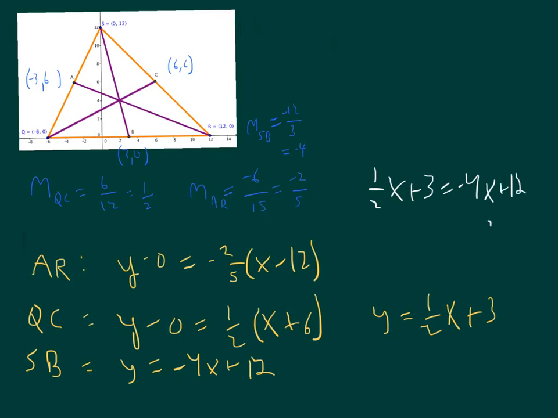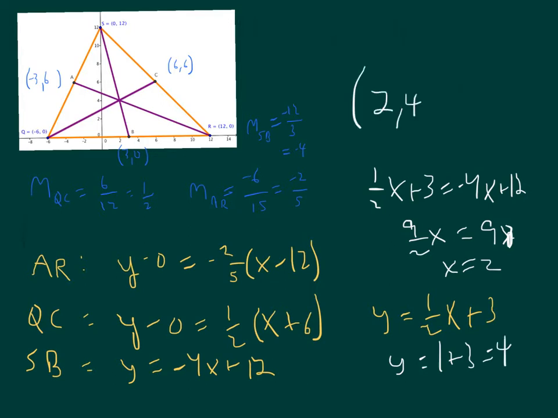Which gives me that 9 is equal to 9 halves x, which tells me if I multiply both sides by 2 9ths that x equals 2. And if I plug that into either of those equations, I'll get y equals 1 plus 3, which is 4. So that tells me the intersection there is the coordinate 2, 4.